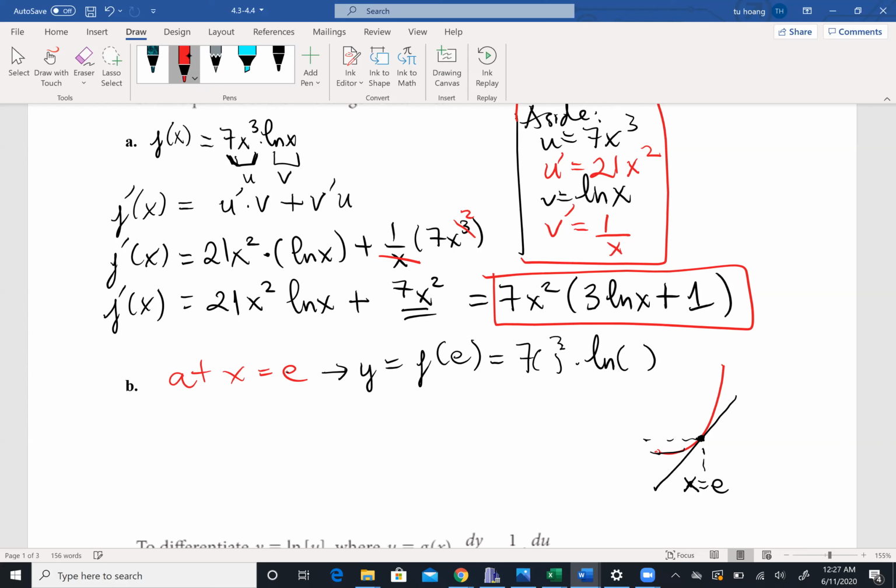Now what is that? x equal to e, so I change to e here, and now I have y equal to 7e cubed times ln e, which becomes 1. So I have 7e cubed as the y value.